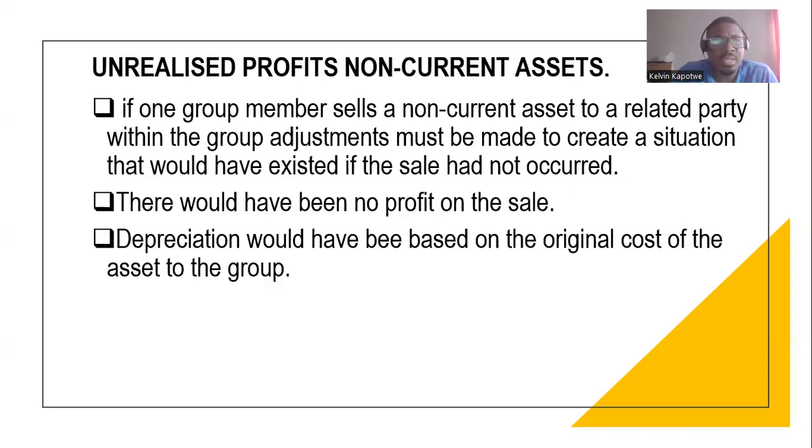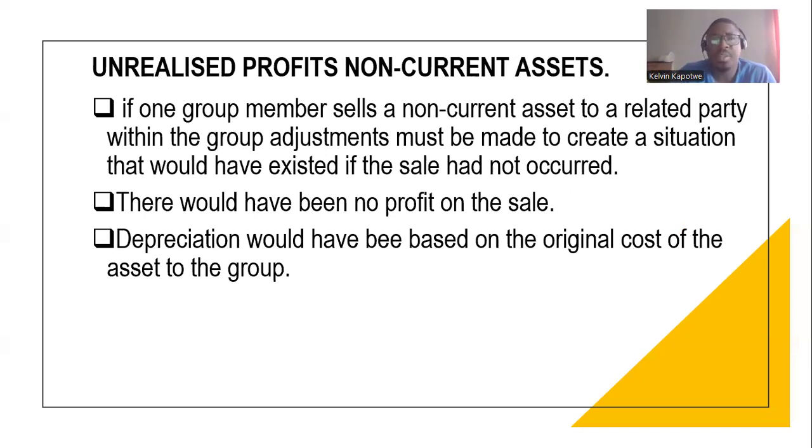Let me also deal with unrealized profits on non-current assets, right? If one group member sells a non-current asset to a related party within the group, adjustments must be made to create the situation that would have existed if the sale did not occur. I explained how unrealized profit comes about on a non-current asset.